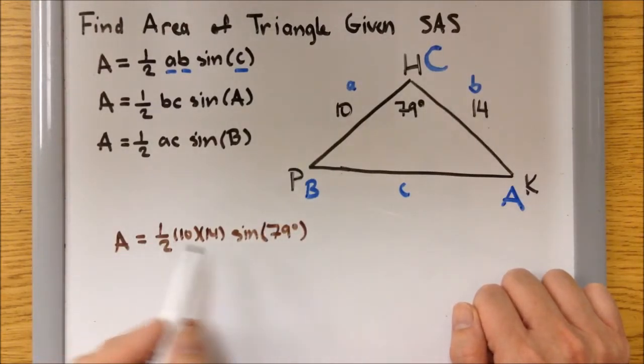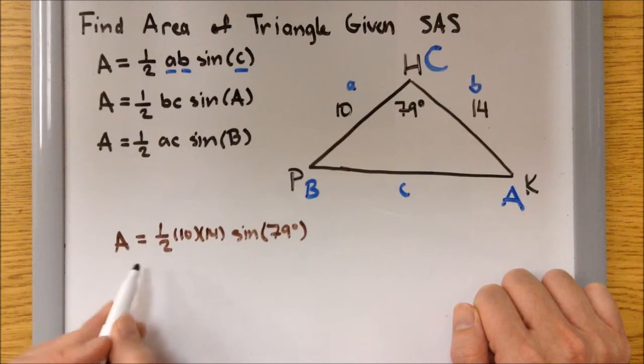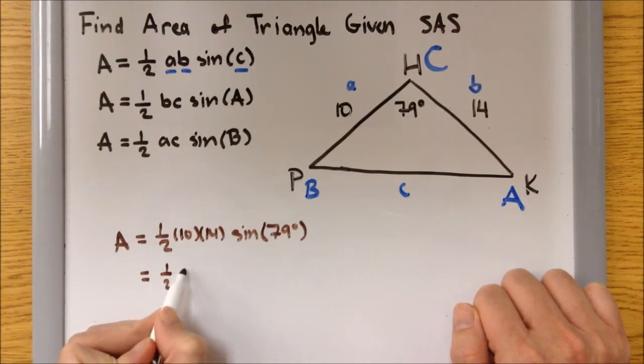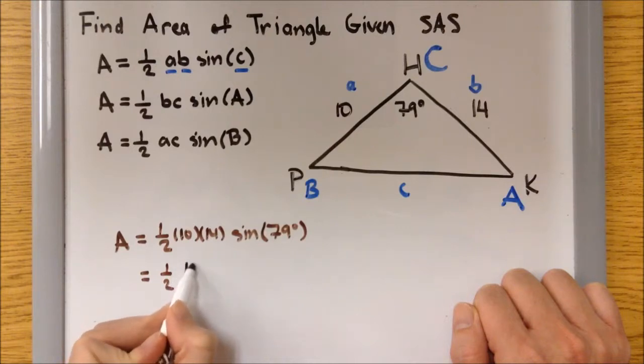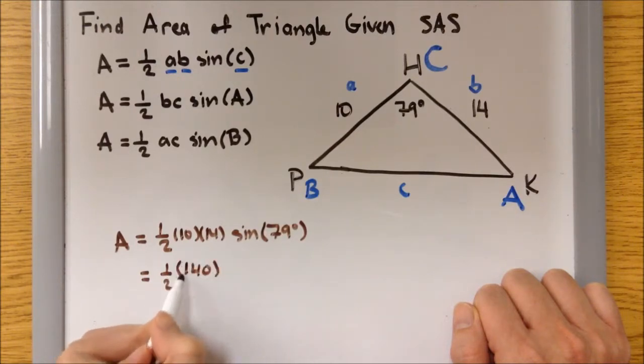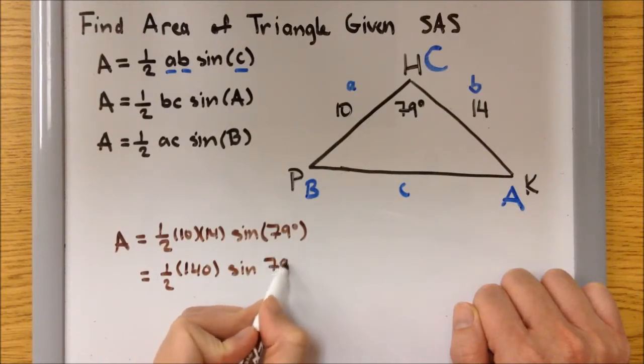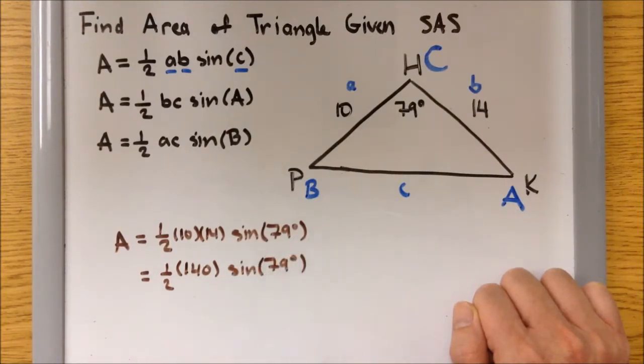Now the only thing I can simplify is 10 times 14. So 1/2 times 10 times 14 is 140, times sine of 79 degrees. And then after that, the only thing I could simplify is the 1/2 of 140, which is 70, times sine of 79 degrees.